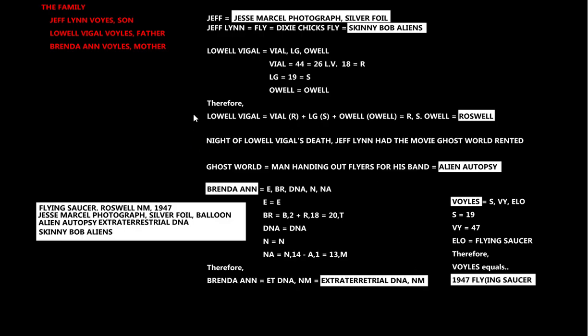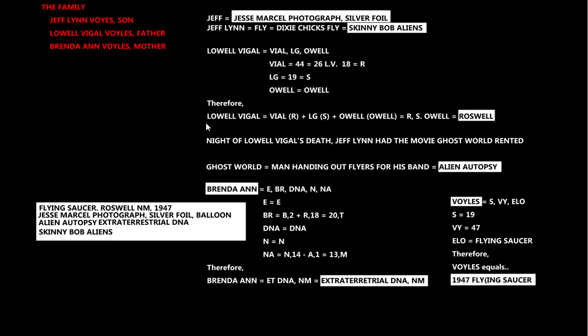Well, no, let's do both of my parents together. Lowell Weigel and Brenda Ann translate to Roswell, New Mexico, extraterrestrial DNA. Then the last name Boyles is 1947 flying saucer. The son of Lowell and Brenda Weigel Boyles is Jeff Lynn Boyles, which translates to Jesse Marcel photographs, silver foil balloon, Skinny Bob aliens, and Roswell.